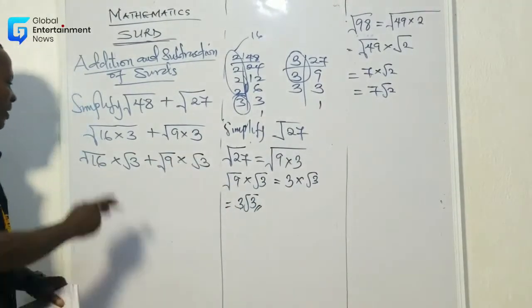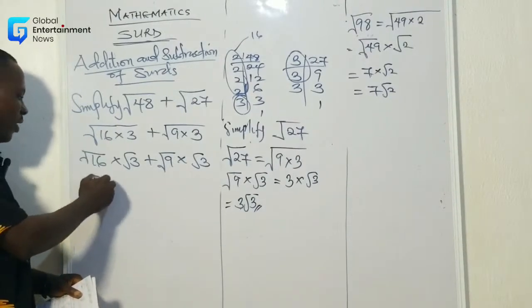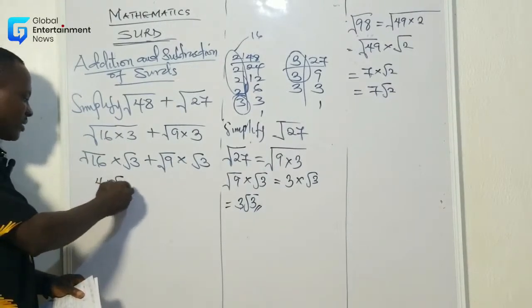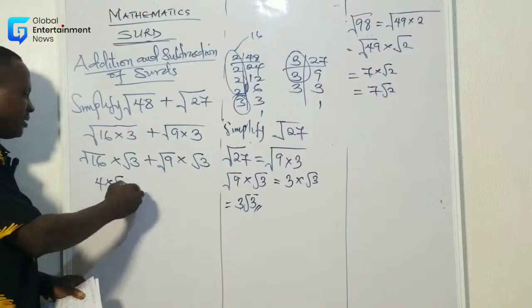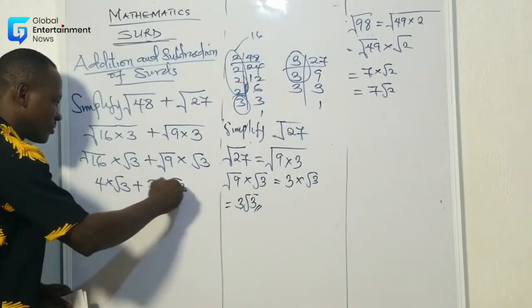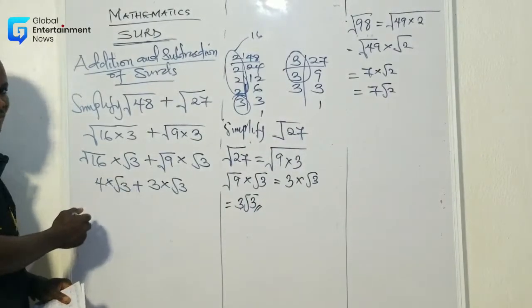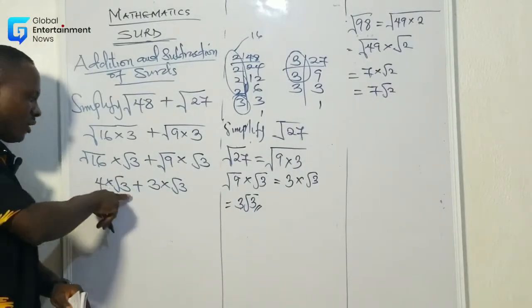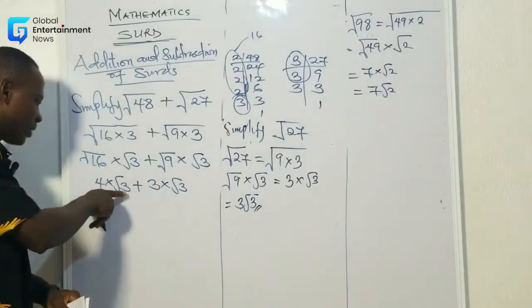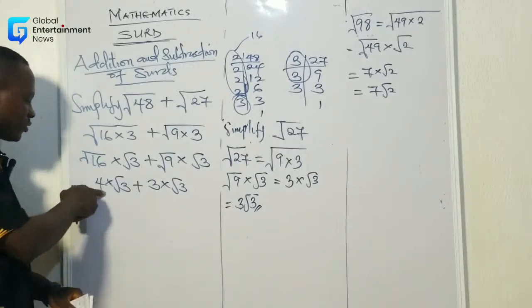So what do we have here? What is the square root of 16? 4. That is 4 times root 3. Then plus, what is the square root of 9? 3. That is 3 times root 3. Now let's multiply this. Remember, this 4 will not enter this root, so it's going to be outside.